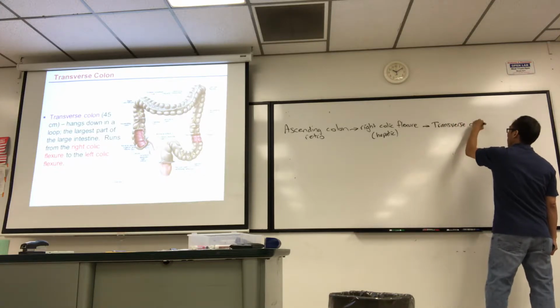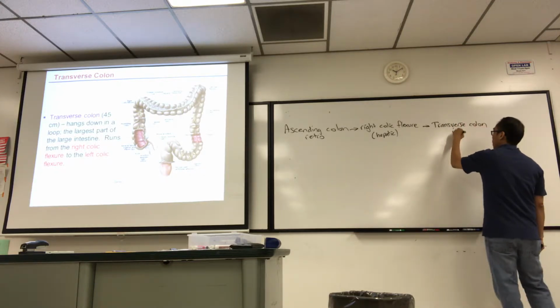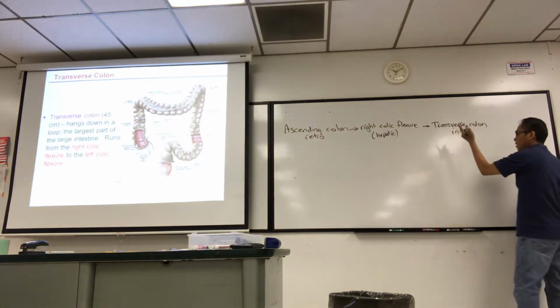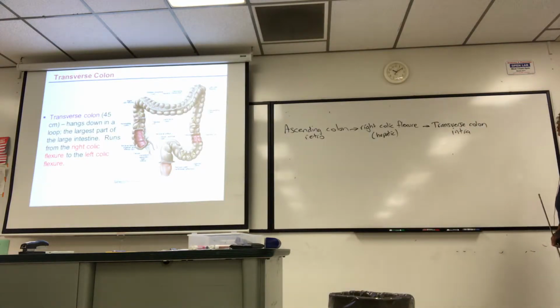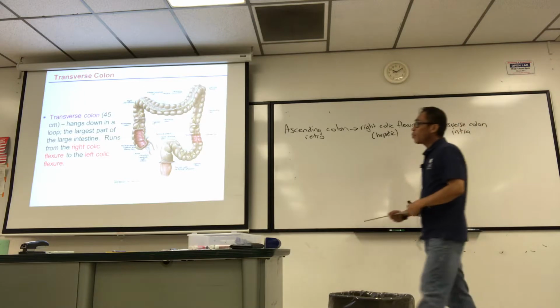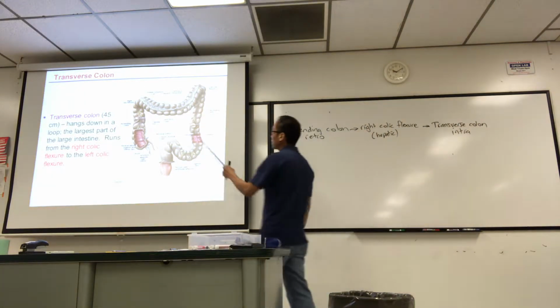Now the transverse colon is intraperitoneal. And I also mentioned the transverse mesocolon, which anchors it to the back body wall. Now they cut away the greater omentum that's attached to it.